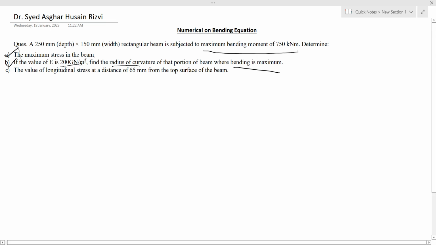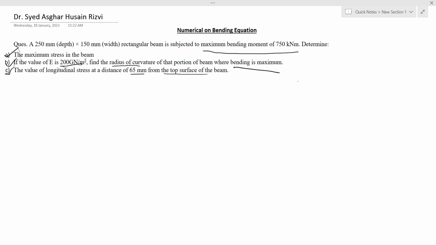We have to take the value of E as 200 giganewton per meter square. And the third part is that we have to find the value of longitudinal stress at a distance of 65 mm from the top surface of the beam. So this is the numerical that we have to solve.